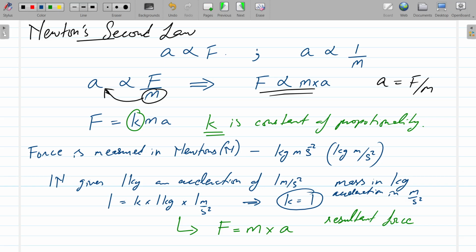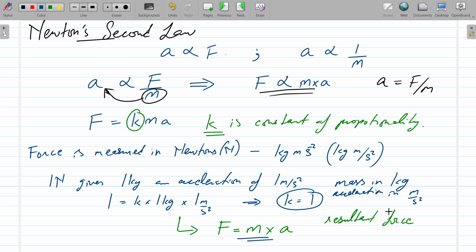Only then will you end up with a k value of 1, which is what's making your life easy. If you are not following that, then the value of k will change and you will have to take that into account. Of course, that is not going to happen in your O level syllabus, but as far as knowing it is concerned, the formula that you need to know for your O level is this, k is one only.